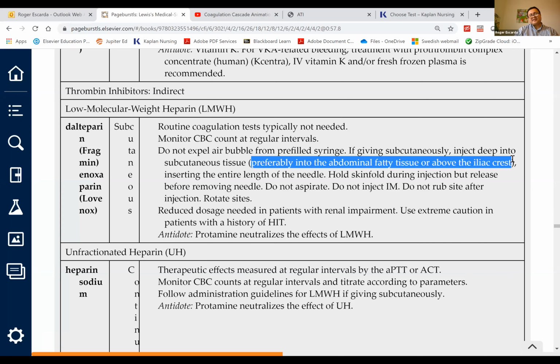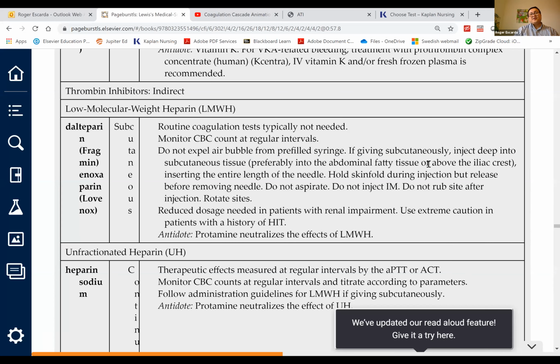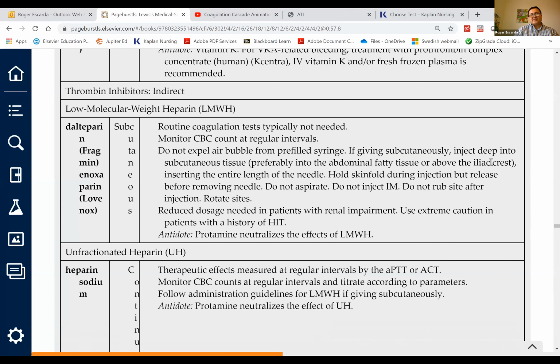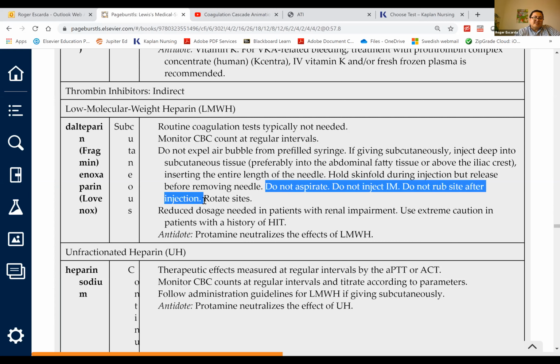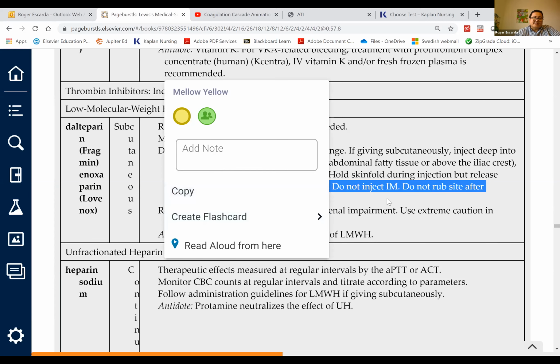In your anatomy, muscle. There are no muscles above the iliac crest. So what they're trying to say is avoid muscles as much as possible. This is sub-Q, so do not aspirate, do not inject IM, do not rub the injection site, and rotate sites. All right?